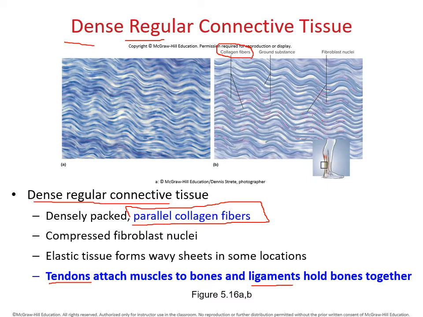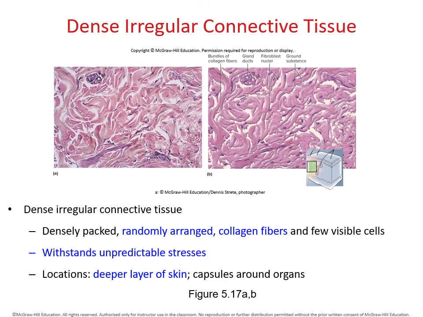Now, what if I tell you that the next one is going to be called dense irregular connective tissue? How do you think the collagen fibers will vary in that one? Here you go. And if you said the collagen fibers would just be dispersed all over the place, you are 100% correct. So here is our dense irregular connective tissue.